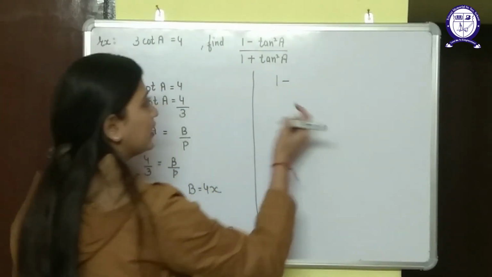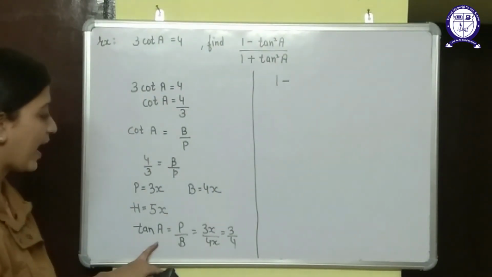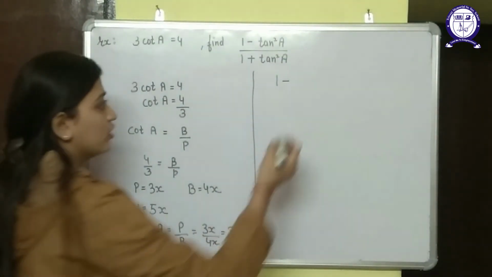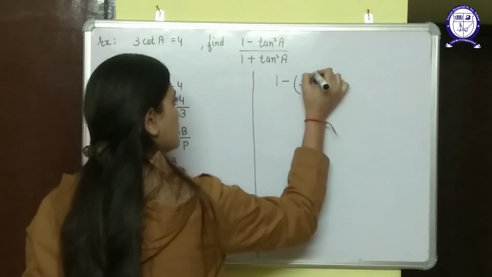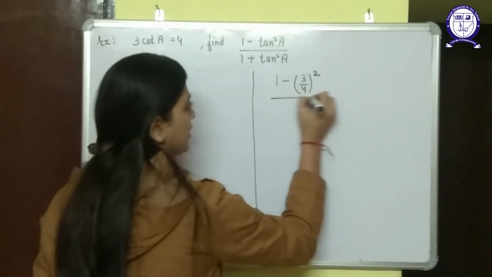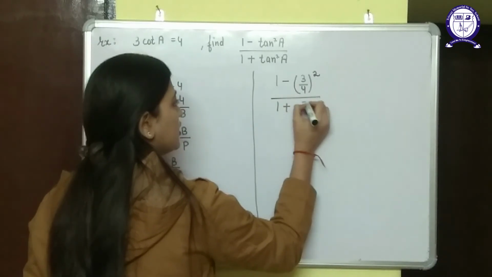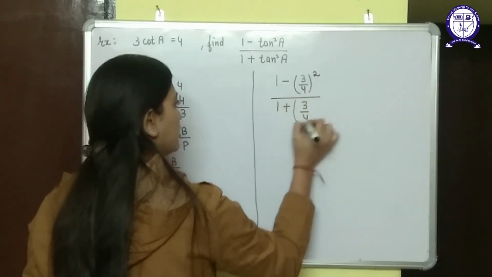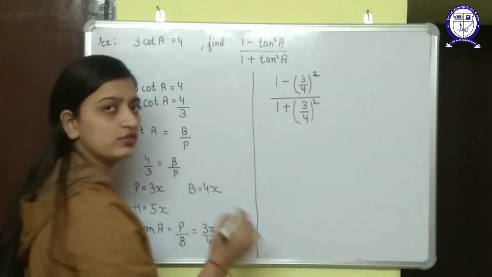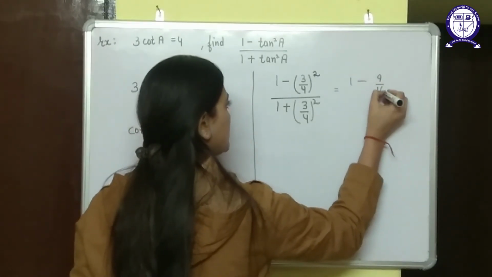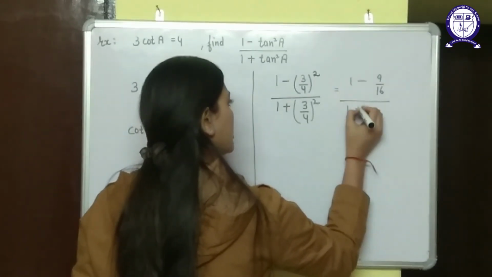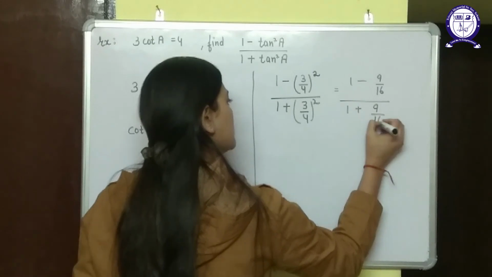1 minus tan square A means the square of tan A. So this is 3 upon 4, squared. Then 1 plus 3 upon 4 squared. So we will just solve it. This is 1 minus 9 upon 16, 1 plus 9 upon 16.